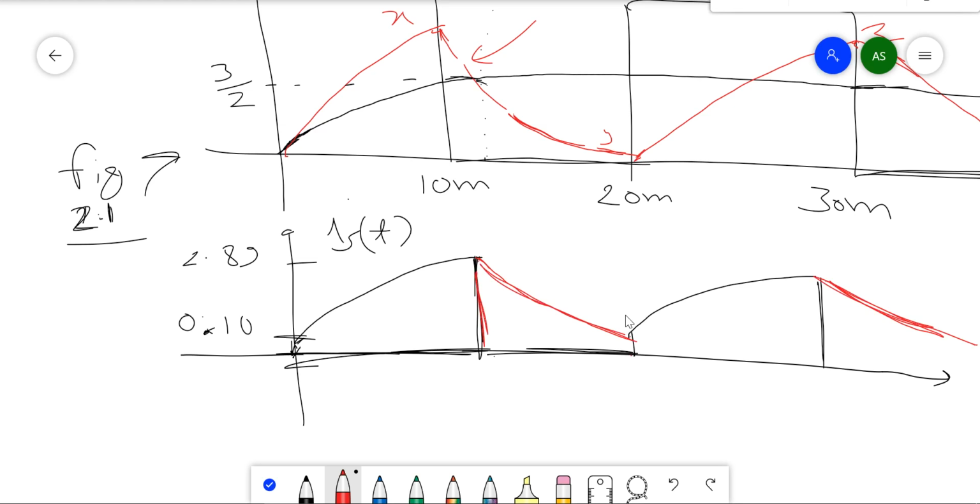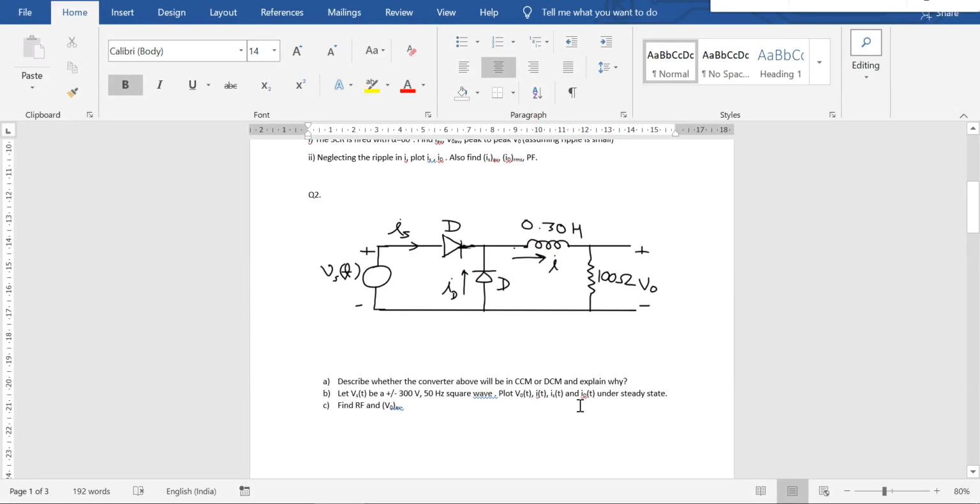So in the red color this is IDT. IST, this is IDT. Okay, so part 2 is complete.